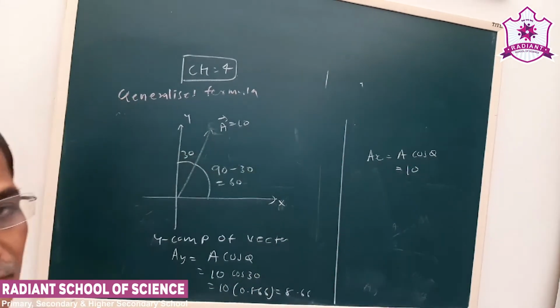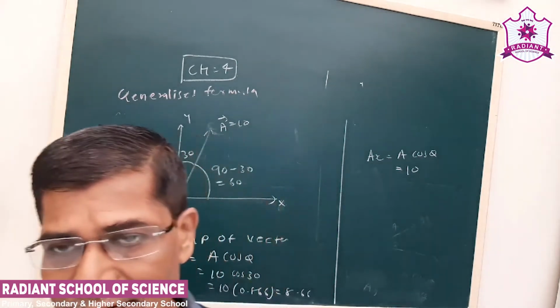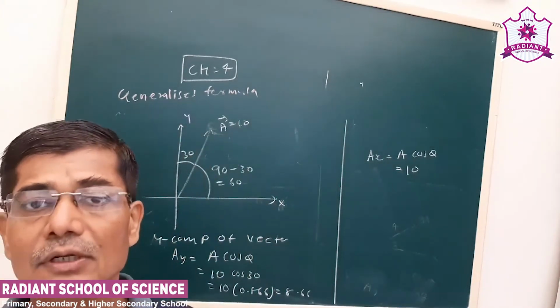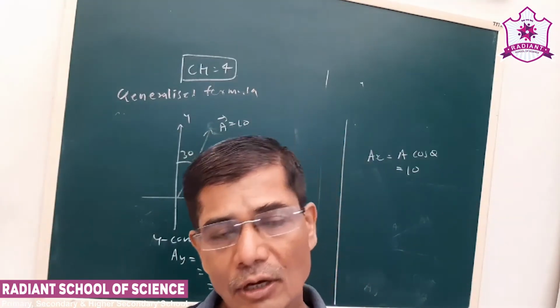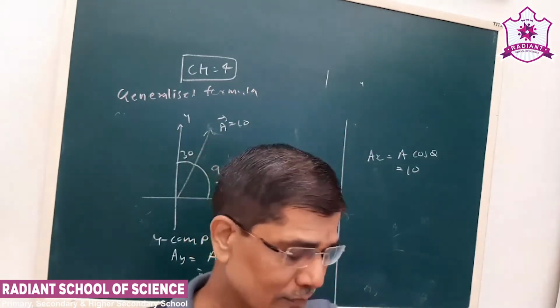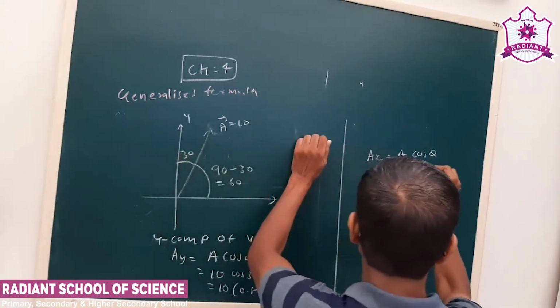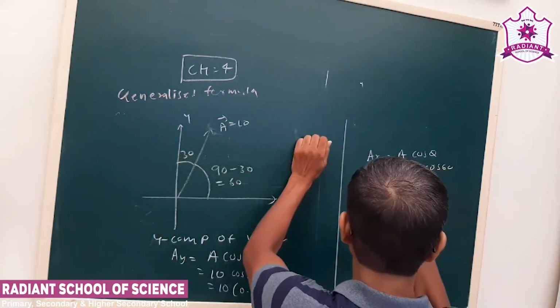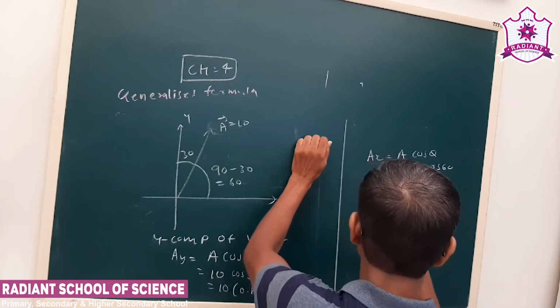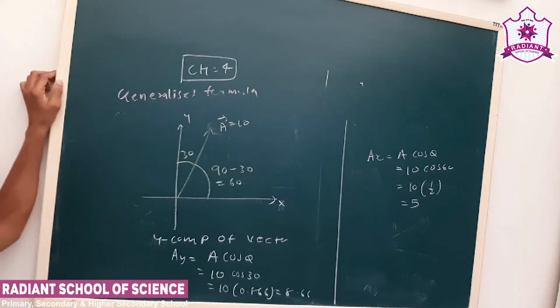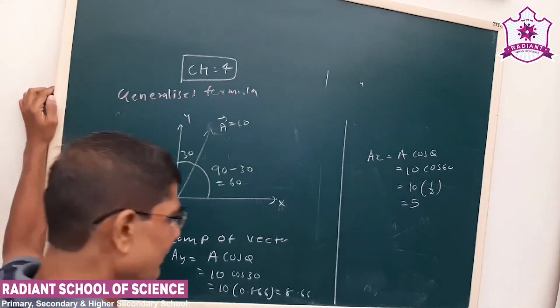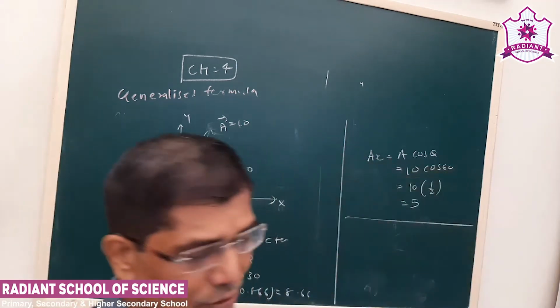By definition, the component of a vector in any direction is equal to the product of the magnitude of the vector and the cosine of the angle made with the given direction. So it is 10 cos 60.